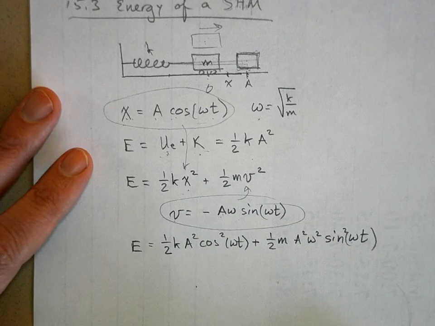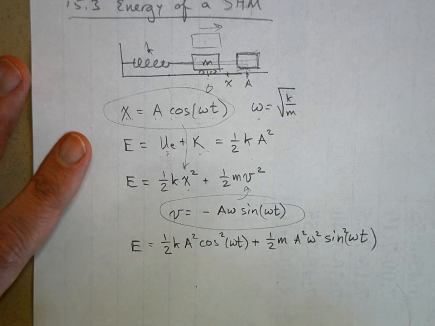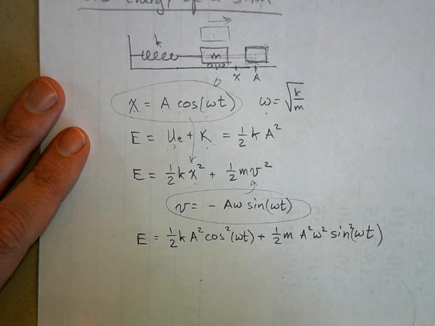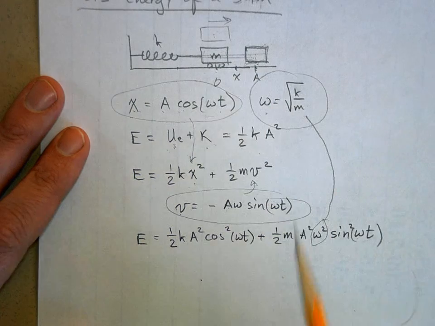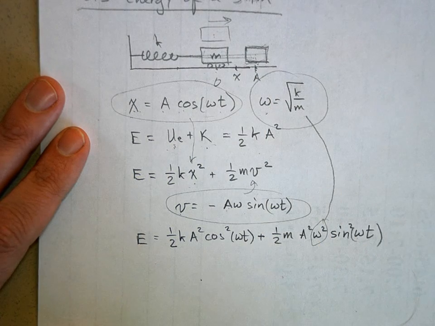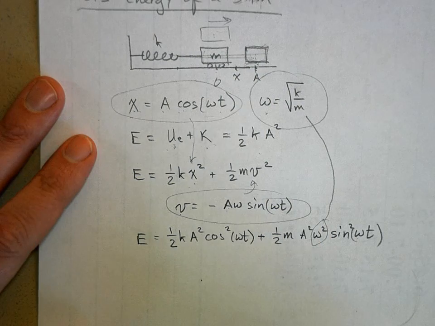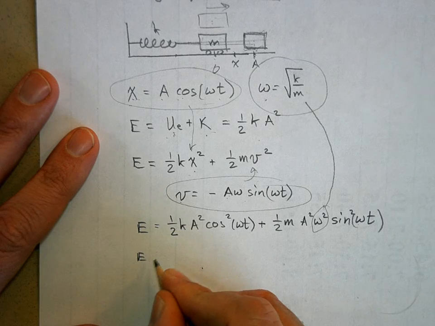Well, this is all kind of ugly. I wonder if there's some way I can clean this up, and of course there is, because we know what omega squared is, right? Omega squared is K over M. So let's substitute that in and see what happens.